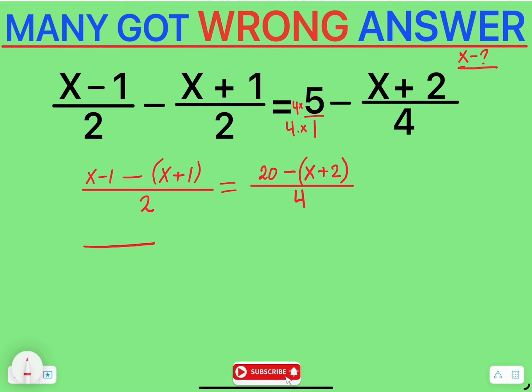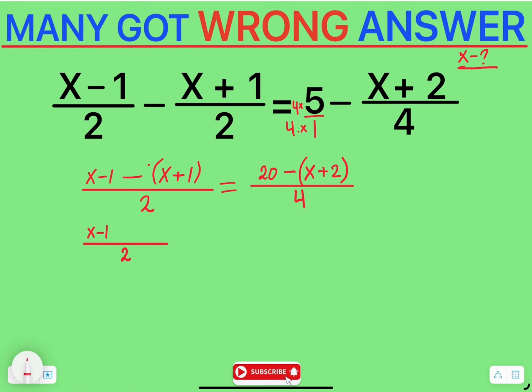For this left side, we have 2 for denominator. And for numerator, we have x minus 1. If we have minus in front of parentheses, all numbers or unknowns will change their sign when we open the parentheses.